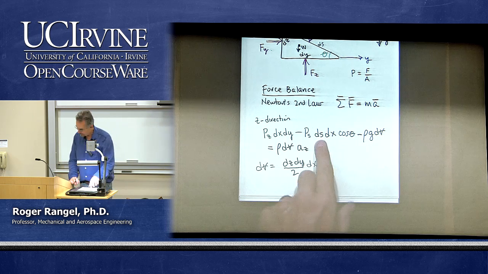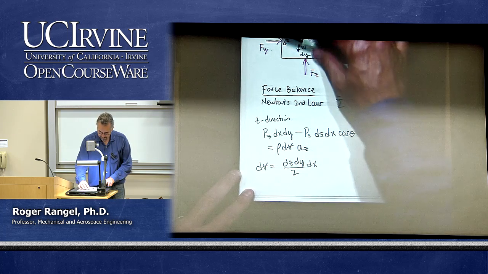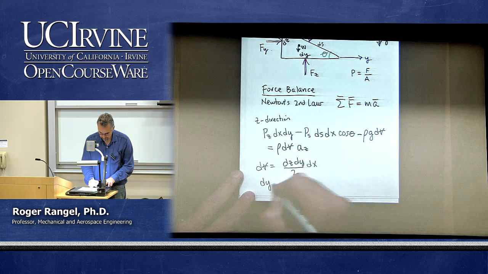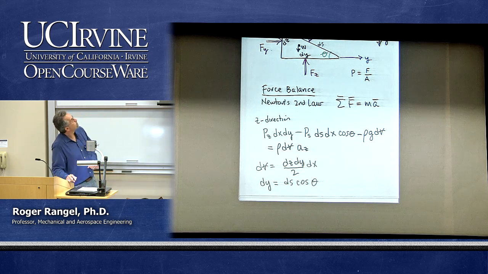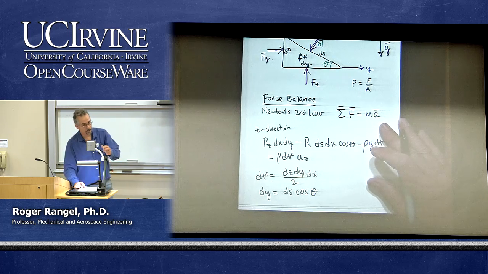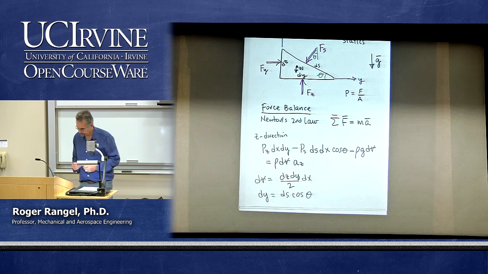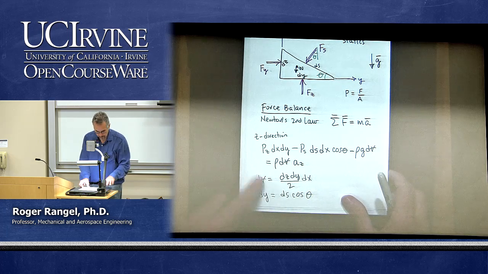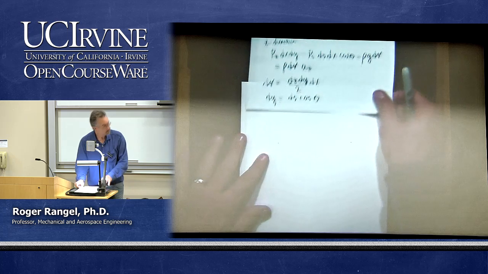And another thing is that there is a relationship between ds and dy. I can write that dy is ds times cosine of theta, from the geometry of the drawing. All right. Okay, so if I use these last two relationships in my force balance, let's move that up there a little bit.